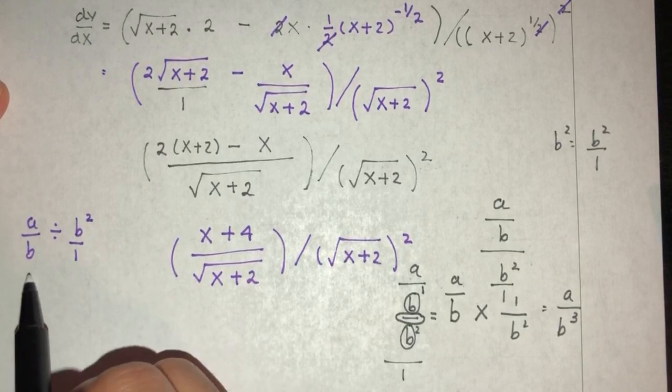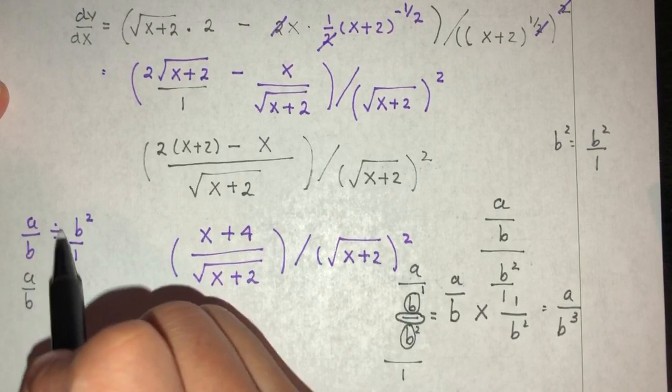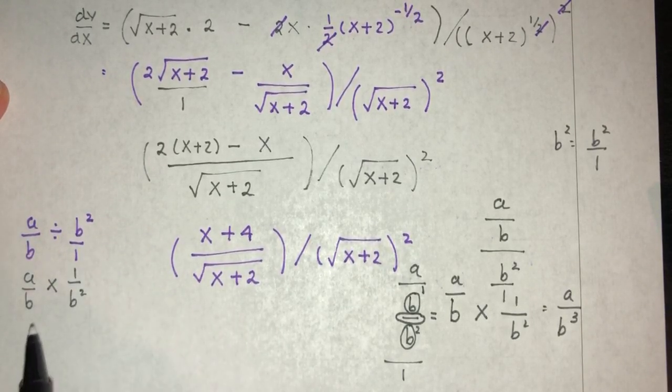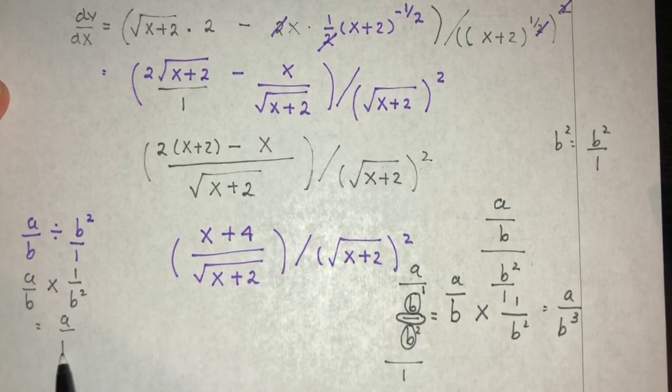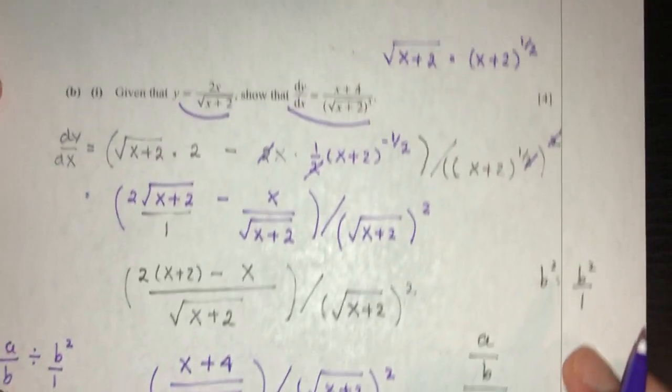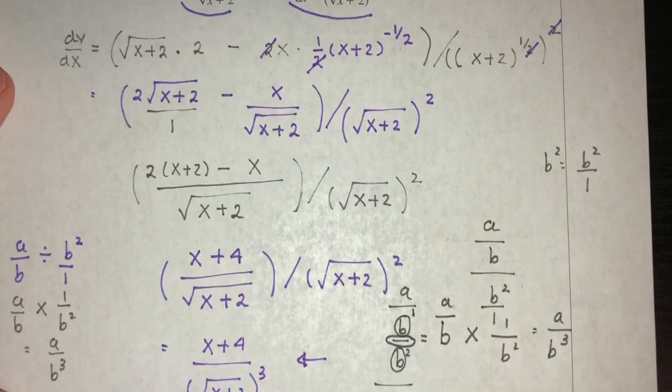So you will have a over b, change that to multiply, and we have to flip this upside down. That will give you a over b cubed. So same thing here, this will become a, and then b cubed, and this is shown as required. Okay, this is for part B.